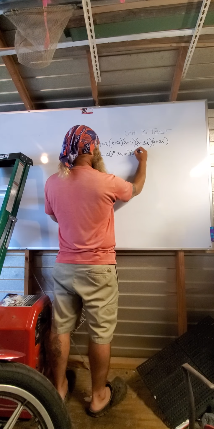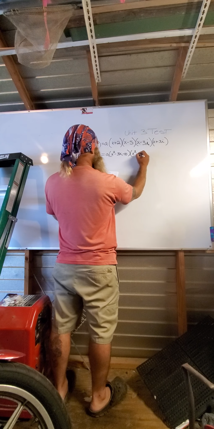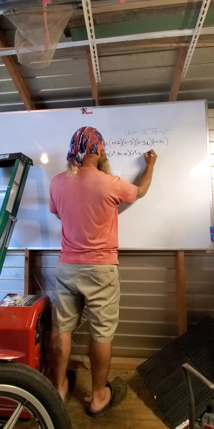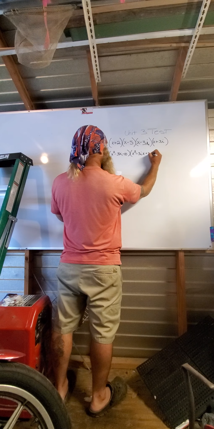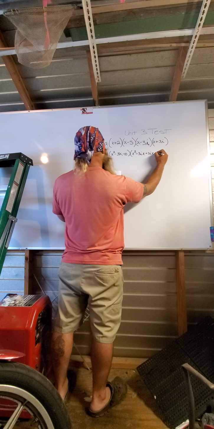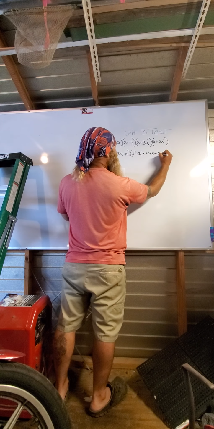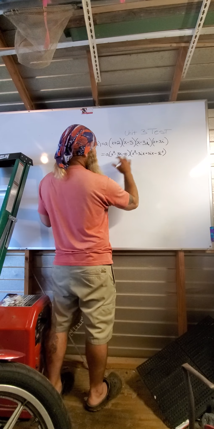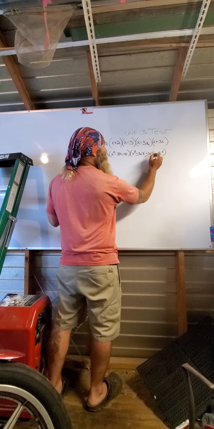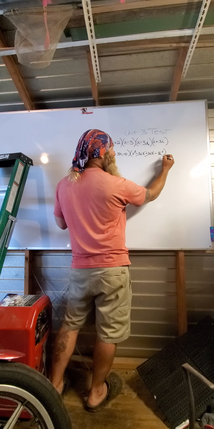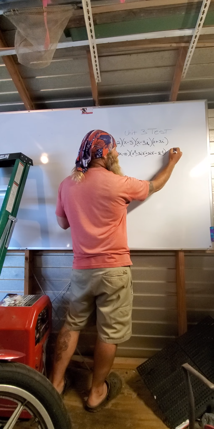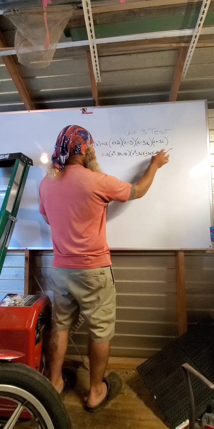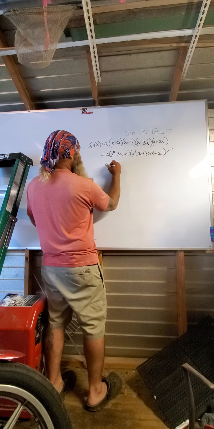And then we have x squared minus 3ix plus 3ix minus 9i squared. And then to simplify, these cross out. This i squared becomes -1.